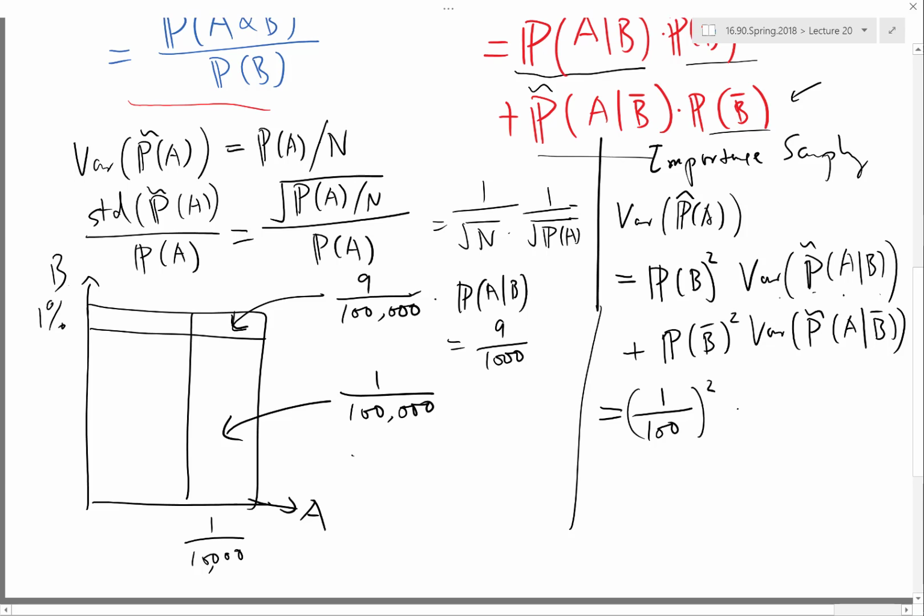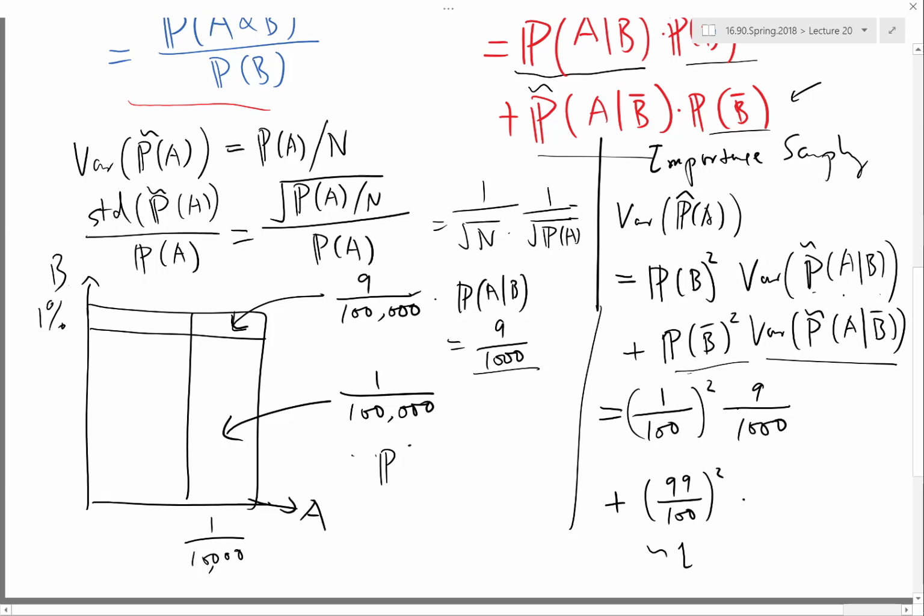The variance is also the same, 9 over 1,000. And then the second term is the probability of not B squared, which is 99 over 100 squared, close to 1, times the variance of this probability.